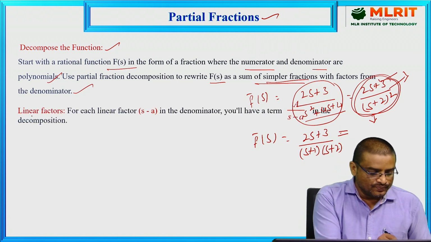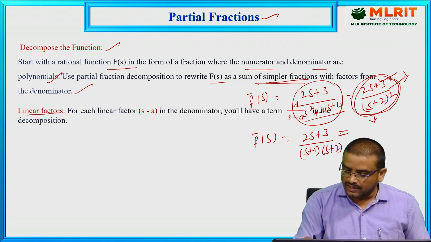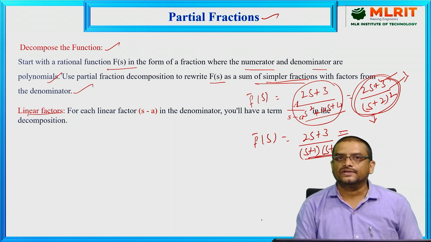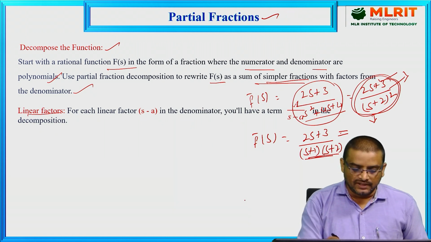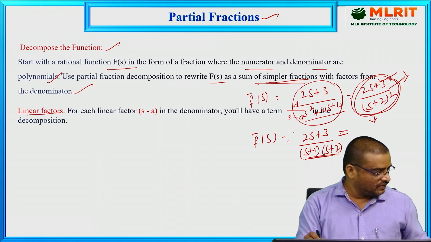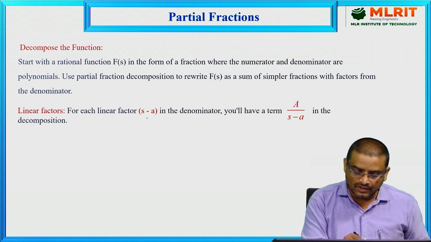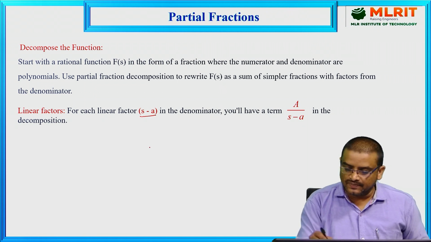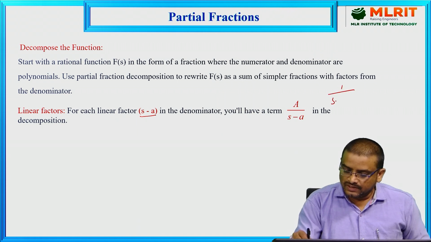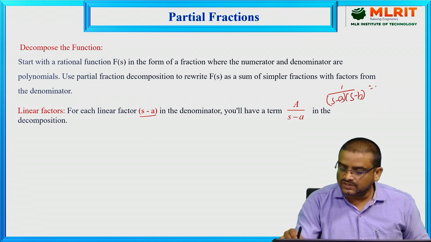Whenever the denominator contains this type of linear factors, we will have terms of this form. Suppose the denominator has the factor s minus a, then we have to take a by s minus a. Suppose we have 1 by s minus a into s minus b, this is our function.